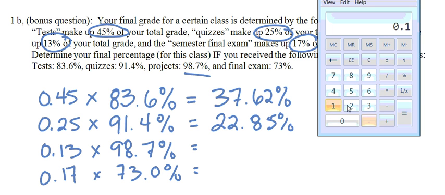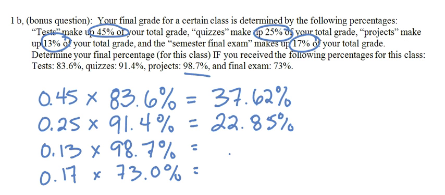So 0.13 times 98.7. So you'll notice that even though this score is 98.7, it really only contributes about 13% if you got a 100 on there. 13% of your total grade. And that makes sense. So 12.831.